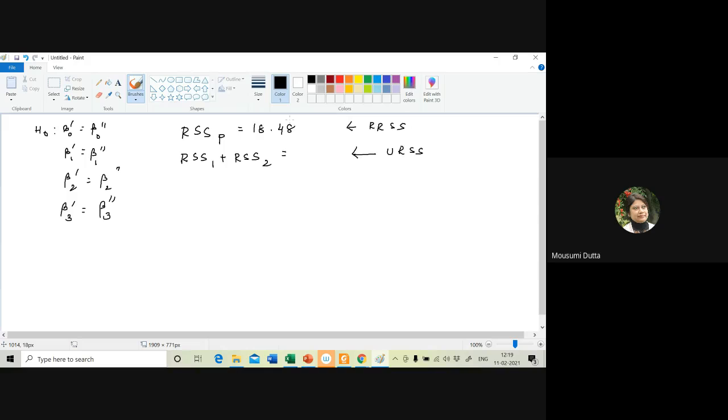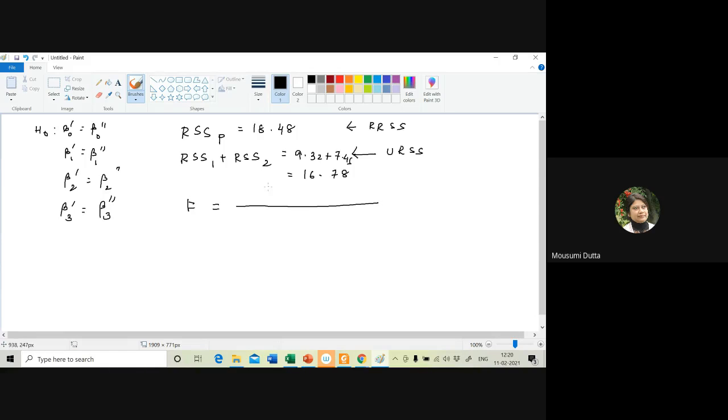So RSSP is 18.48. Now what is RSS1 plus RSS2? 9.32 plus 7.46. So it is equal to 16.78. Okay. So now we will go for the F test.